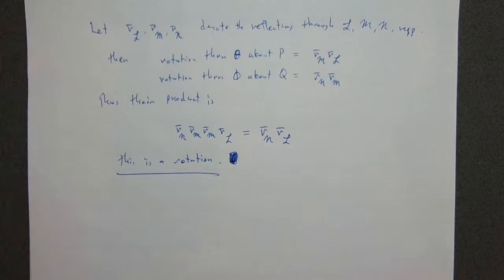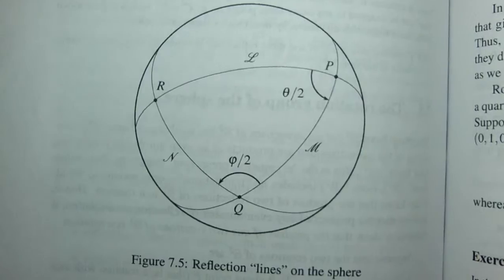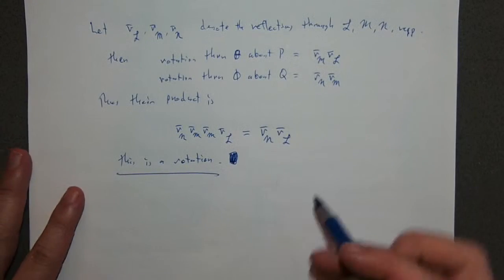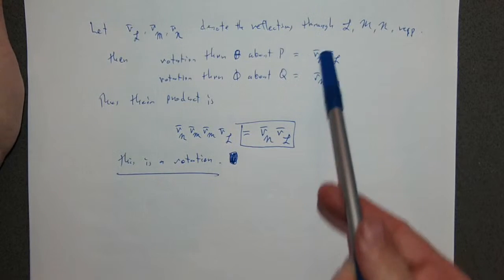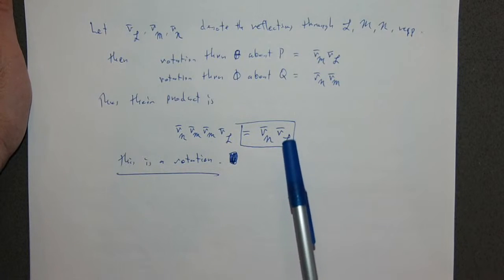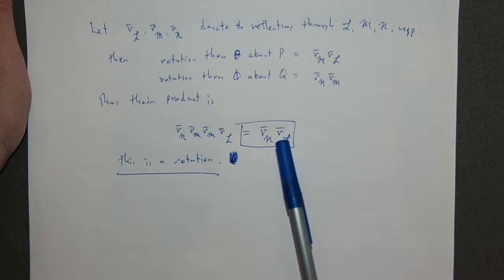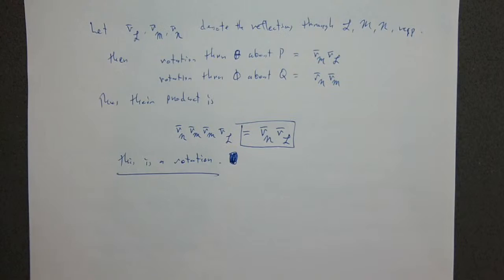Now, I have this statement, this is a rotation, we're done. But you look at that and you say, wait, why do I know that's a rotation? So to see that this is actually a rotation, let's again look at this picture. Why can we say that this thing written here is a rotation? It's not either of the rotations that showed up here, rotation 1 or rotation 2. It's something else. It's a reflection across the line L and then a reflection across the line N. How can I view this as a rotation?